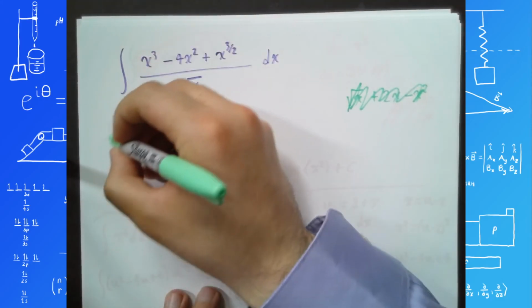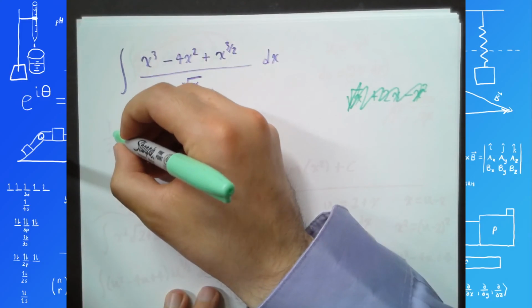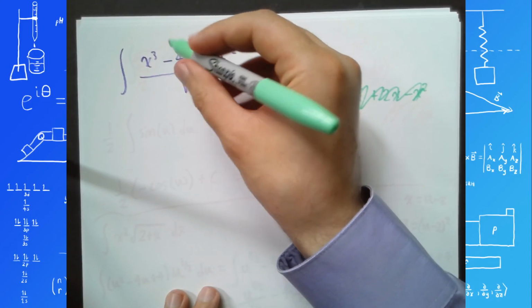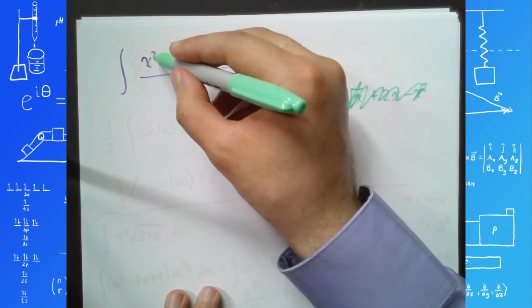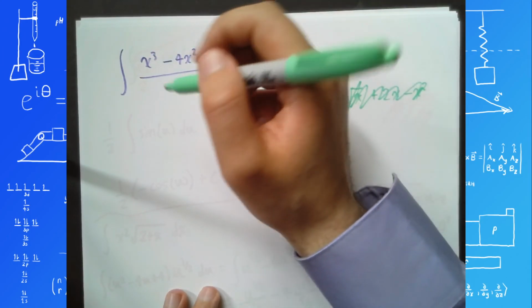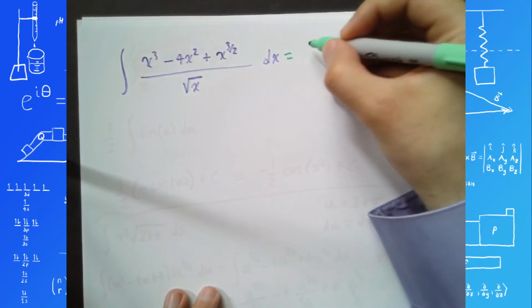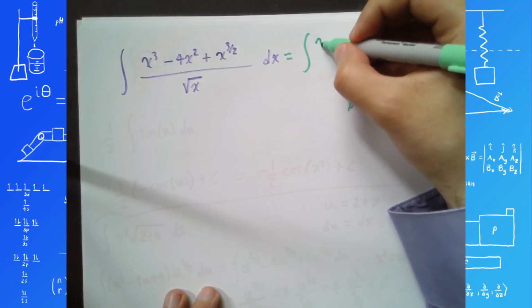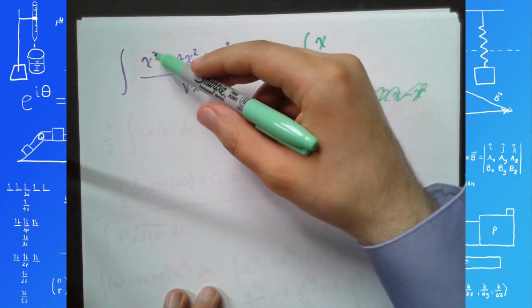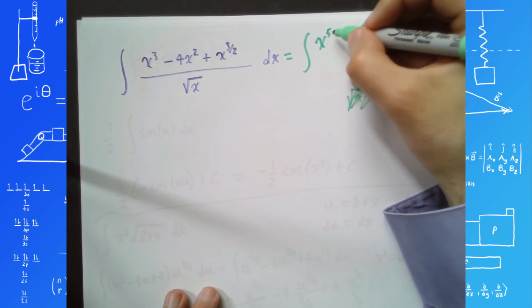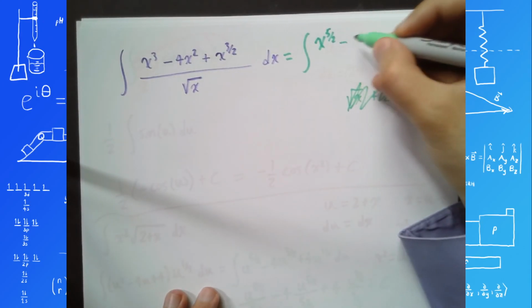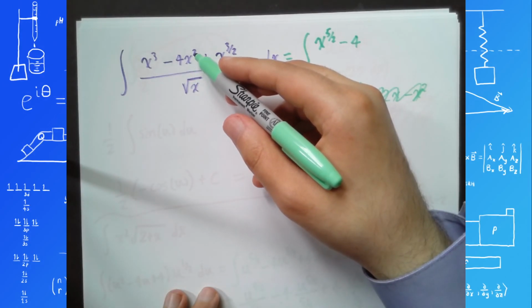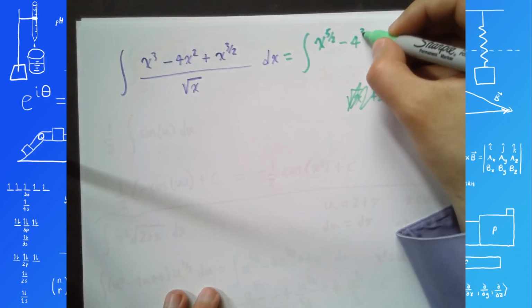So if I rewrite this, it's the same as, let's see, square root of x is x to the 1/2, and dividing by x to the 1/2 means subtracting 1/2 from each of the exponents. So this becomes the integral of x cubed over square root of x, which is x to the 6/2 minus 1/2 is 5/2, minus 4x squared is x to the 4/2, 4/2 minus 1/2 is 3/2.